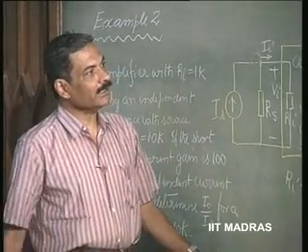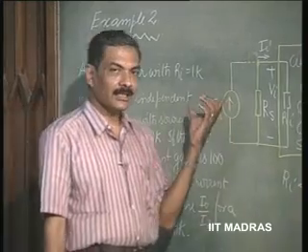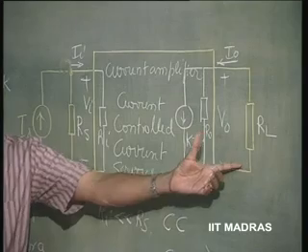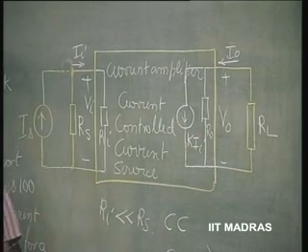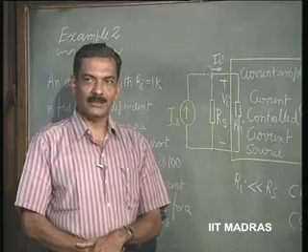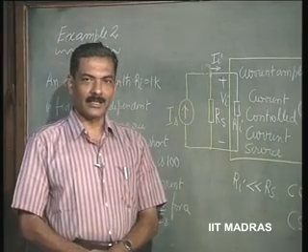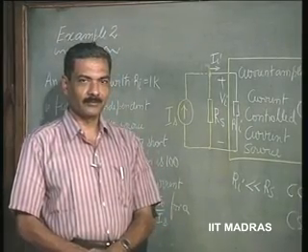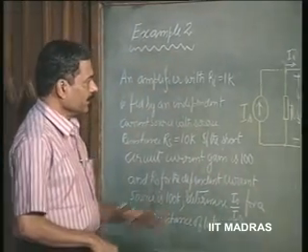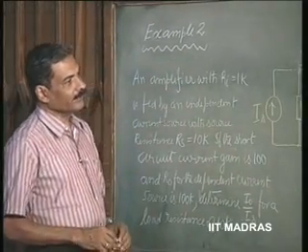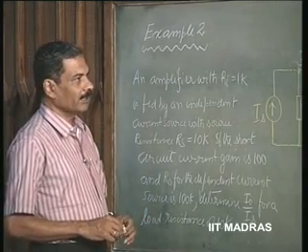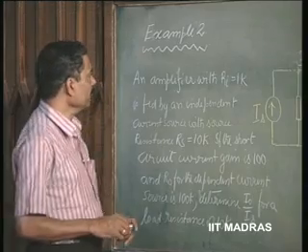For a given source combination and load, the given amplifier can be identified as either a voltage amplifier or a current amplifier. This can be illustrated just as we did in the case of the voltage controlled voltage source type of amplifier.